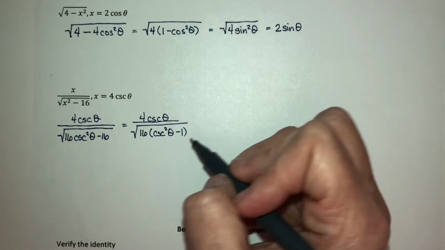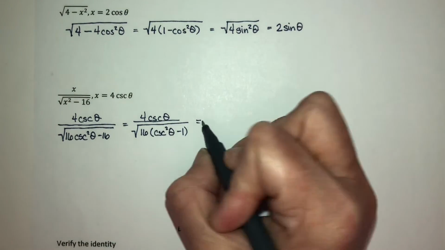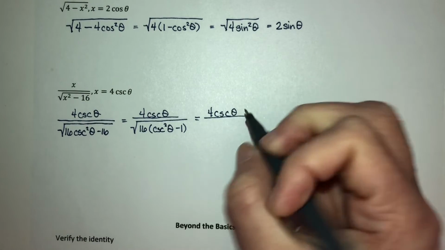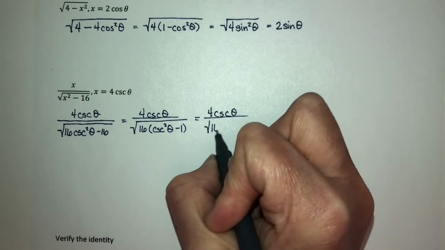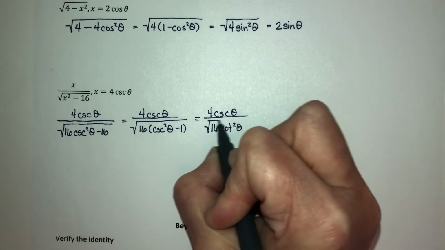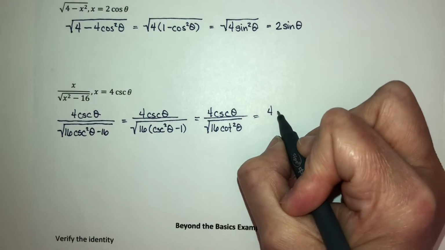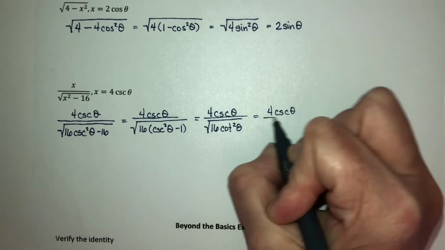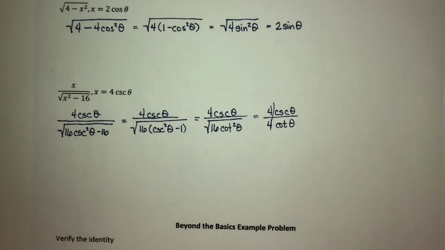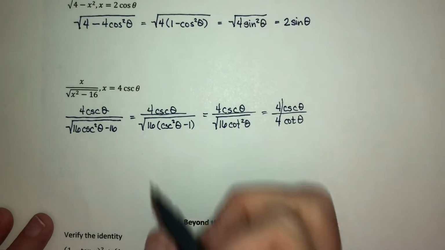Cosecant squared theta minus 1 is cotangent squared. So I have 4 cosecant theta over the square root of 16 cotangent squared theta. So this is 4 cosecant theta over 4 cotangent theta. The 4's cancel. And as these involve sines and cosines, chances are it simplifies some as well.